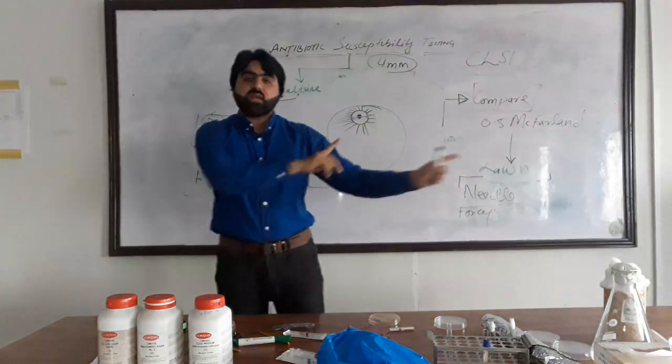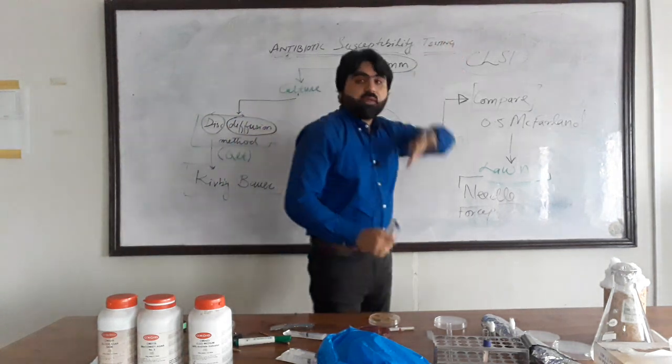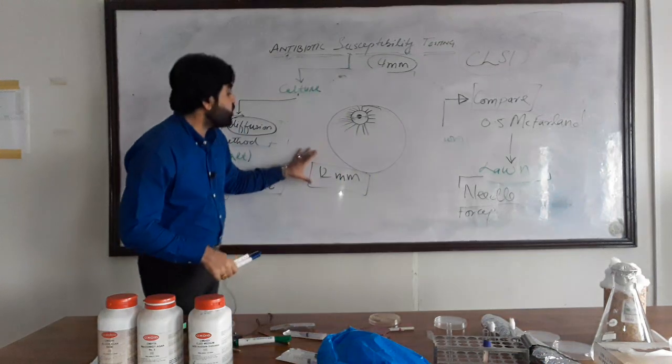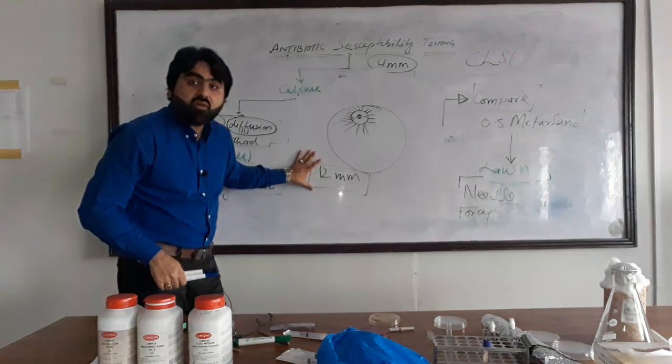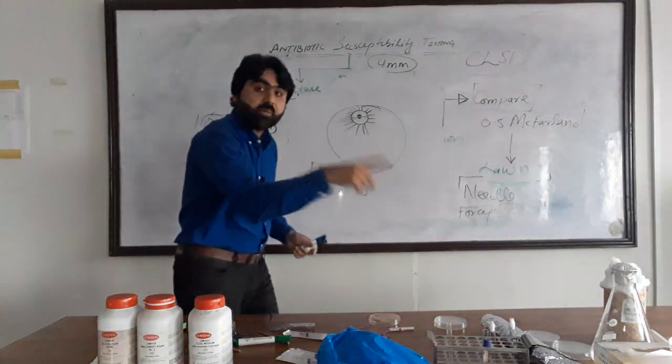I will do a short lecture on CLSI in my next video. So this Clinical and Laboratory Standards Institute provides a guideline for the zones of inhibition for a particular antibiotic and particular pathogen.